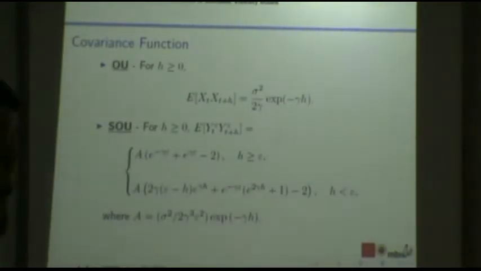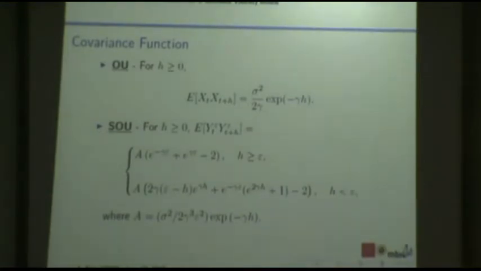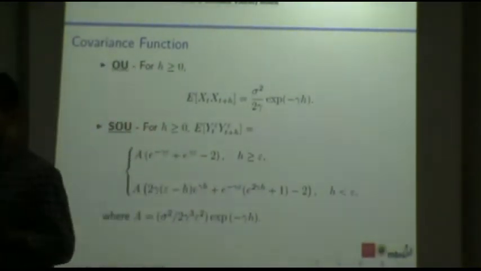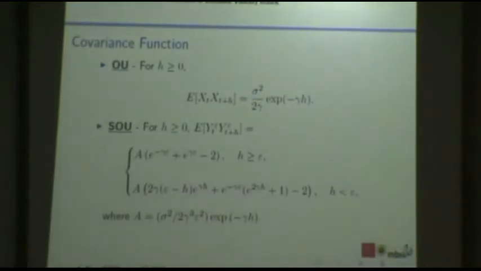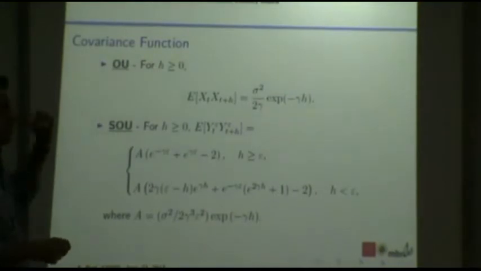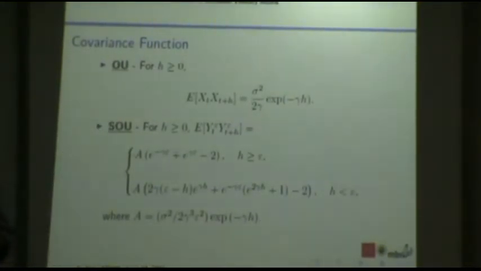Now there is a very interesting result that Yaglom proved in the 50s, connecting the differentiability of the covariance function at lag 0 to the differentiability of the stochastic processes.